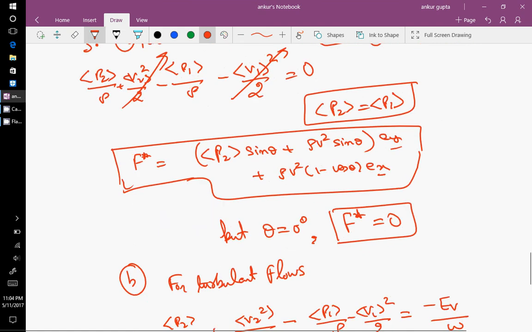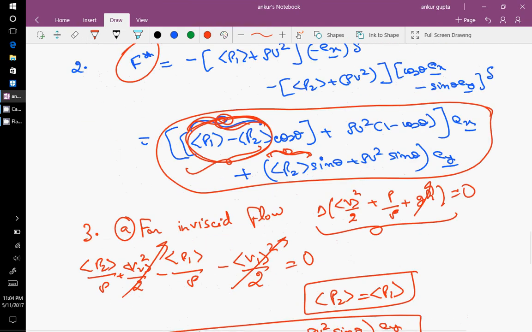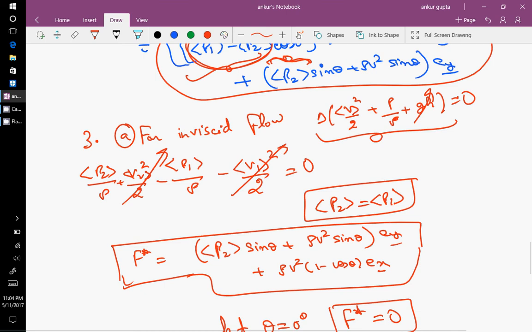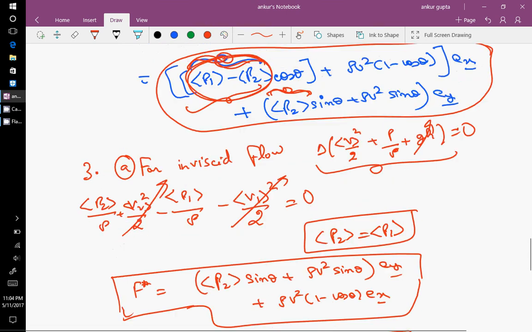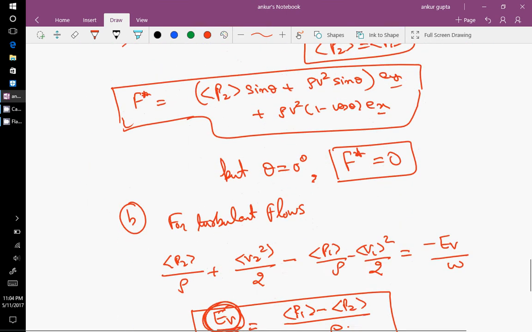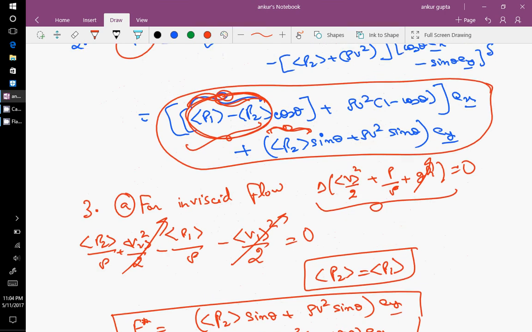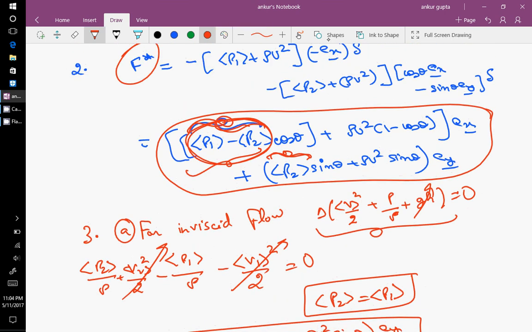Here for theta equal to 0, your F star was actually equal to 0, but in the case of viscous losses, you will not have such a system. In the case of turbulent flows where you will have viscous losses, this P1 minus P2 cos theta will not be equal to 0 even for theta equal to 0 or cos theta equal to 1.